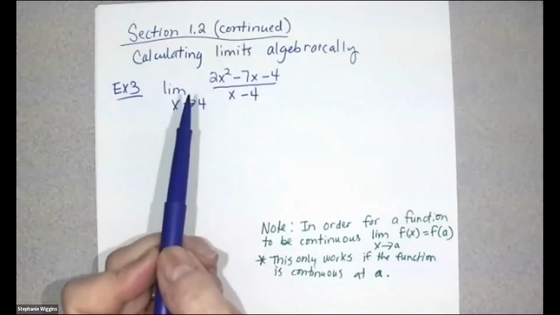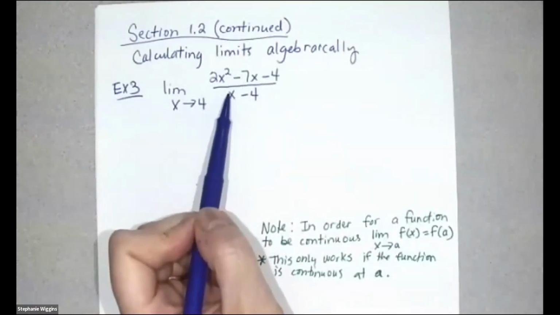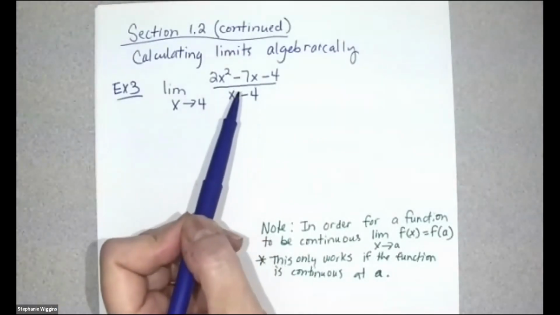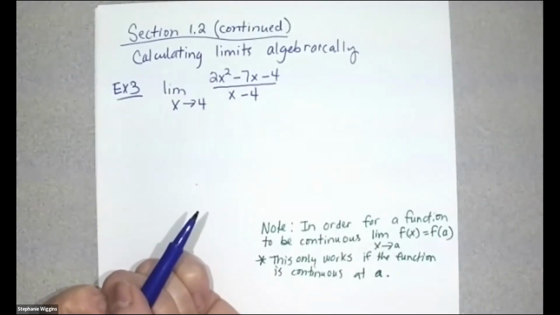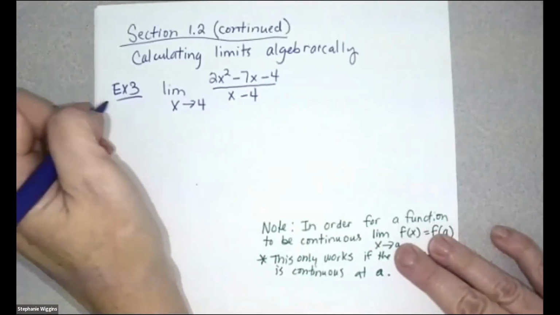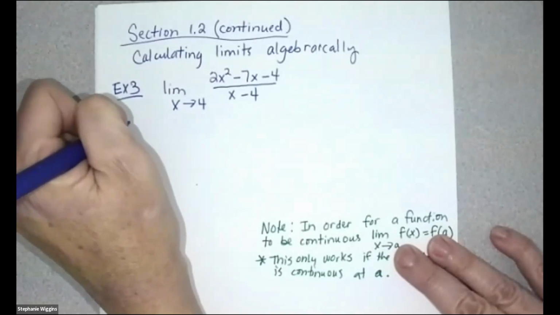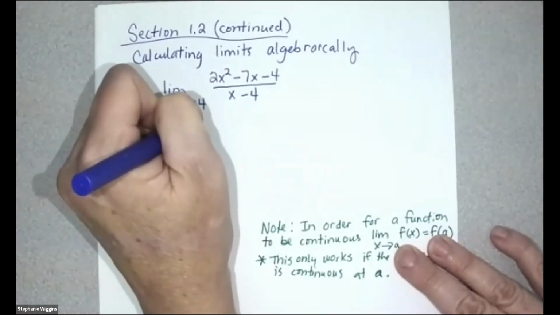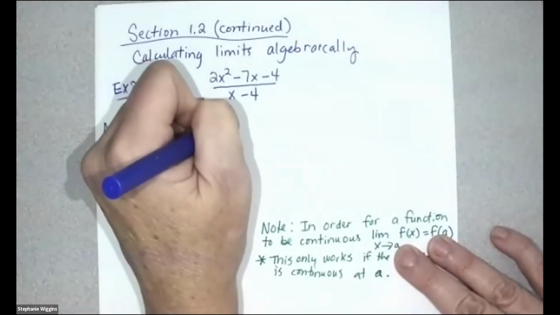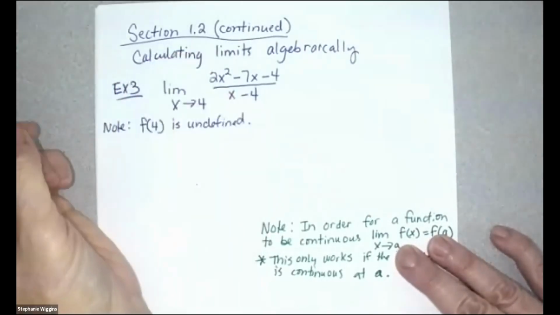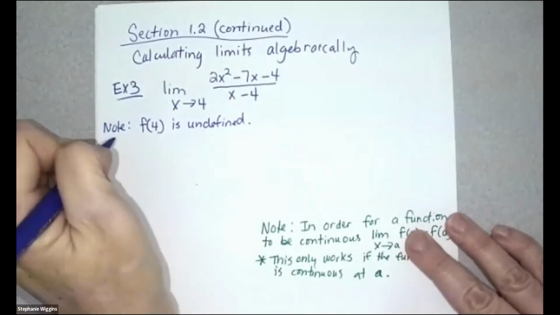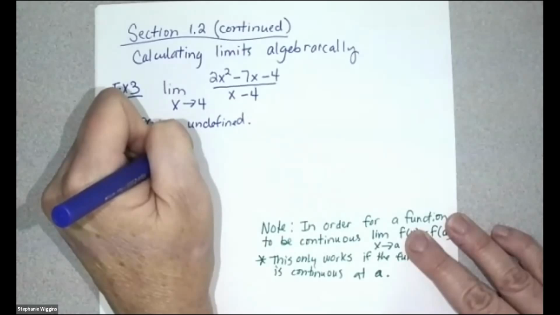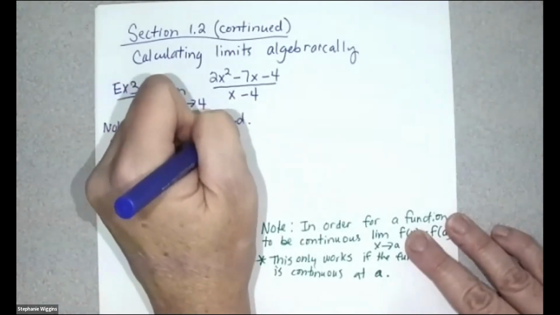If we plug in 4, we get an undefined result. Notice if I plug 4 here, I get 4 minus 4. That's 0 in the denominator. So that's a problem. Okay, so it's not continuous at 4.